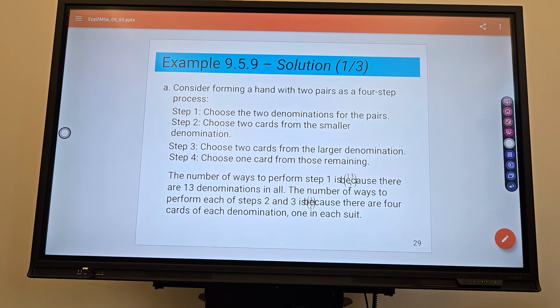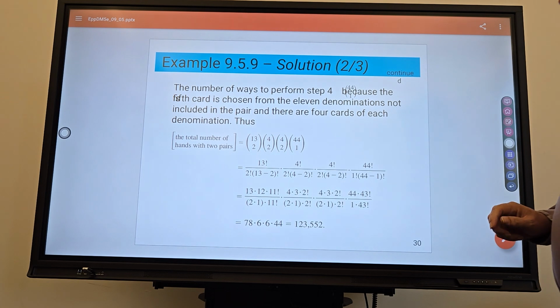The number of ways to perform each of steps 2 and 3 is 4 choose 2, because there are 4 cards of each denomination, 1 in each suit. The number of ways to perform step 4 is 44 choose 1, because the 5th card is chosen from the 11 denominations not included in the pairs, and there are 4 cards of each denomination.